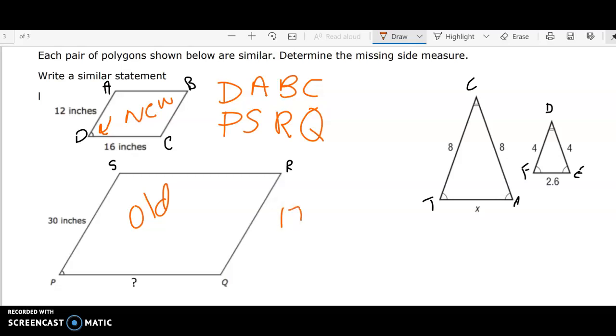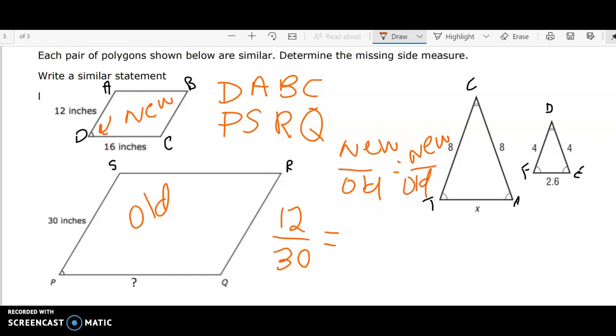So I'm going to go 12 is 2, and I go towards the angle moniker, which is 30. And I simplify that. I'm going to set up new is to old as new is to old.